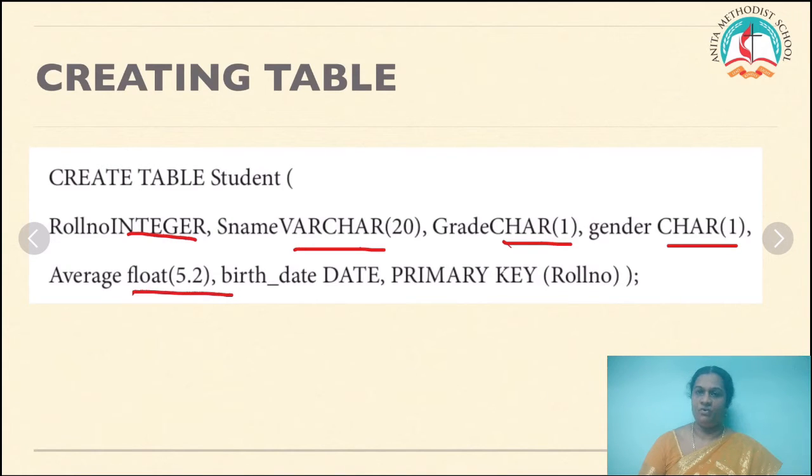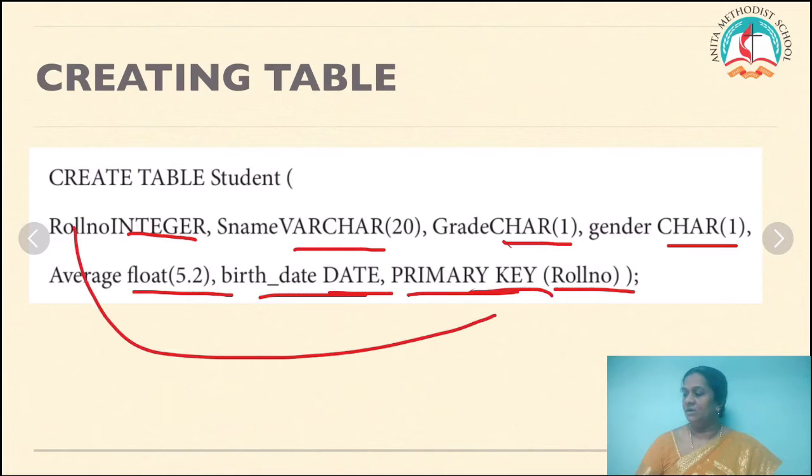Average can be float or integer, say they are giving float. Date of birth is date. And then you are setting the primary key as the roll number. This is how you have to write the syntax for creating a table. Make sure you are giving the correct data type for the correct field you are going to set.